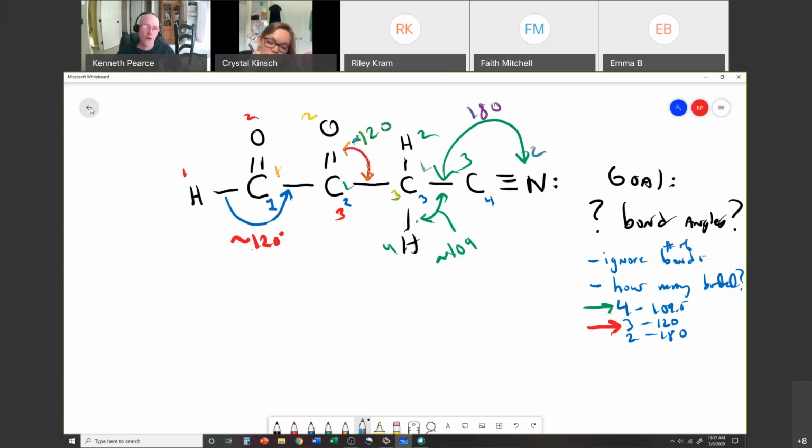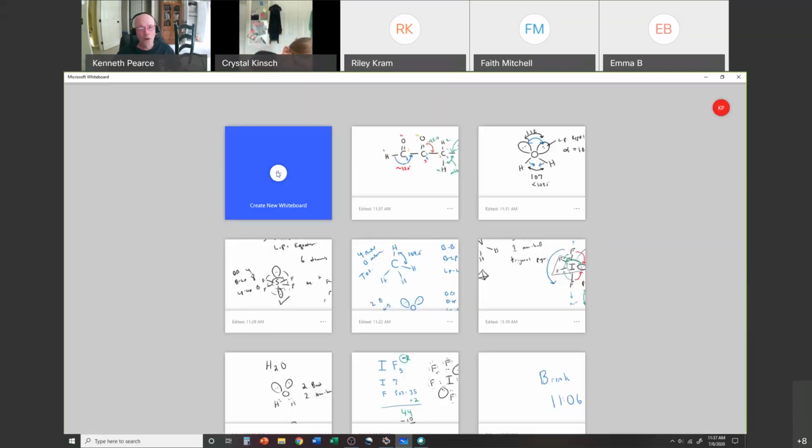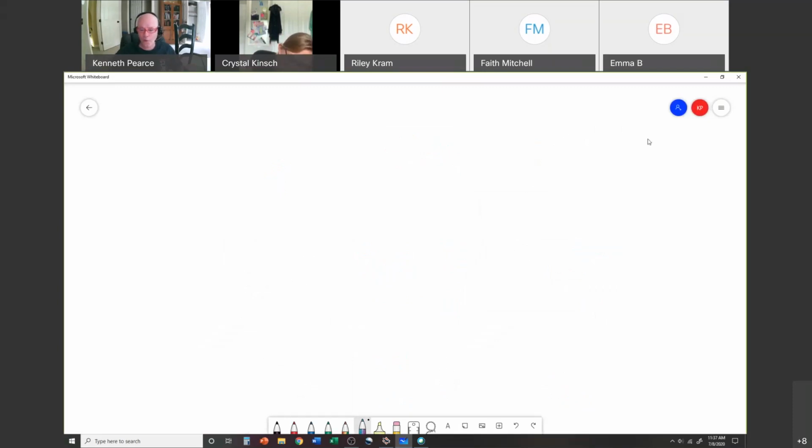Okay, let me draw another molecule here because this one's gotten pretty busy in a hurry. And our goal is to figure out what are the bond angles around it. So let me draw another chain.